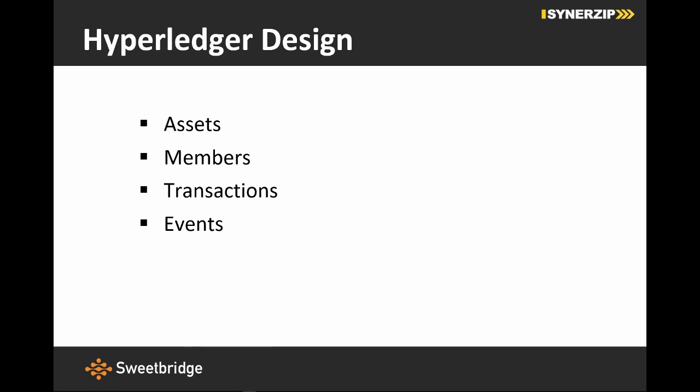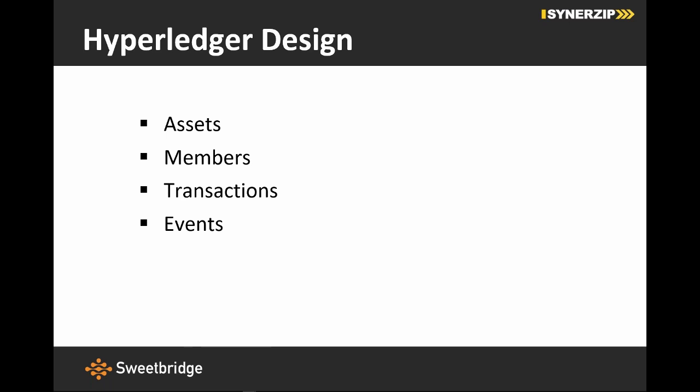The next step is to understand the members who will participate in the transaction. And in a Hyperledger environment, because it's permissioned, you have to be invited to be a member of the network and be provisioned into the membership services.